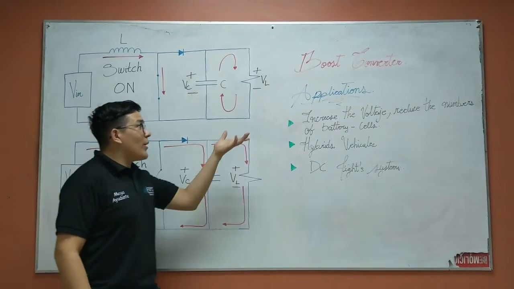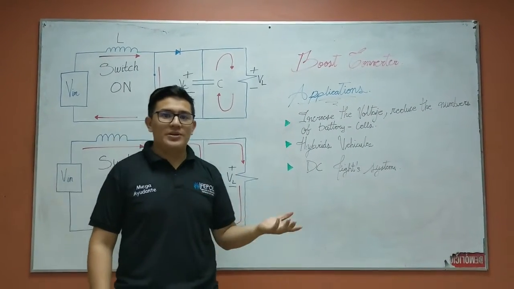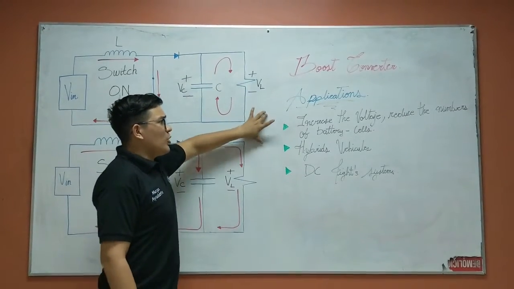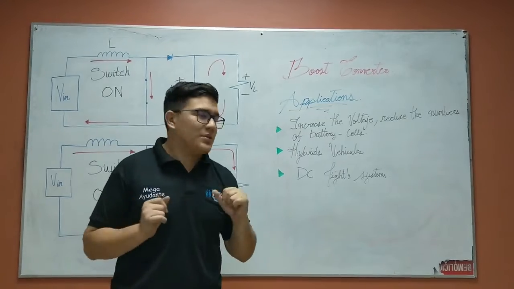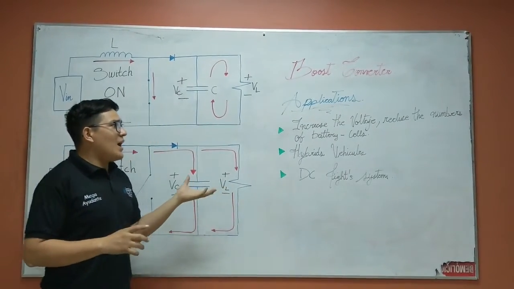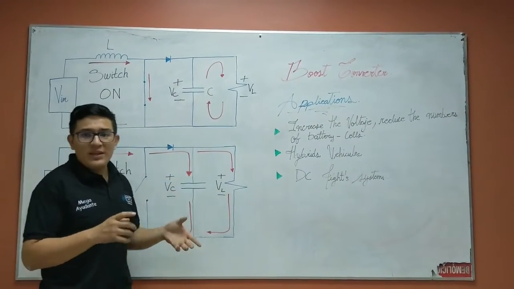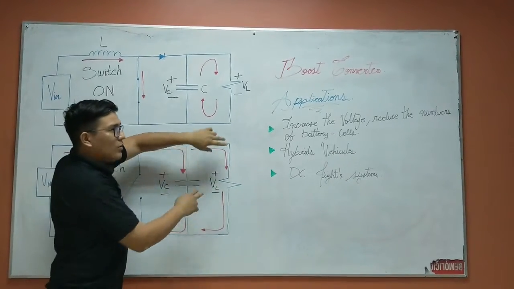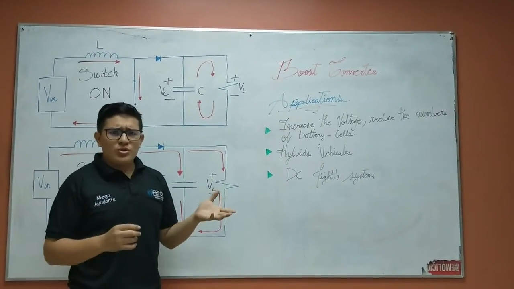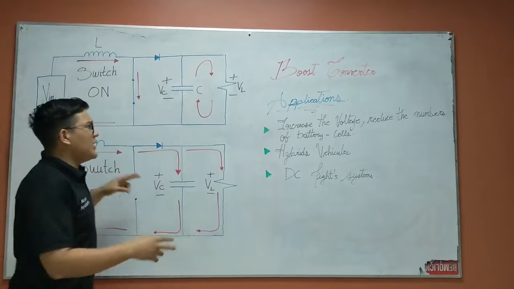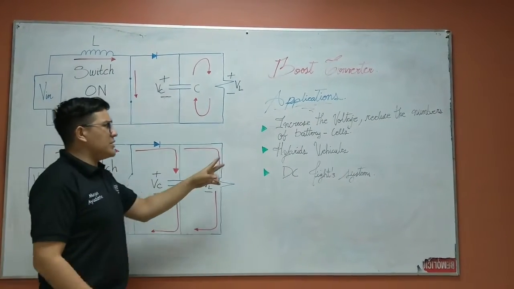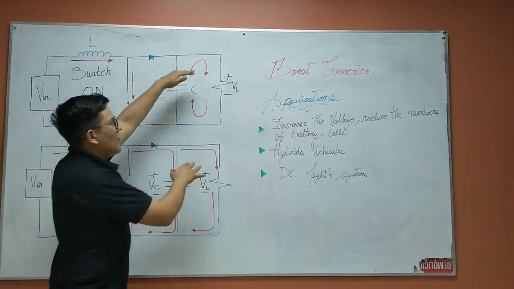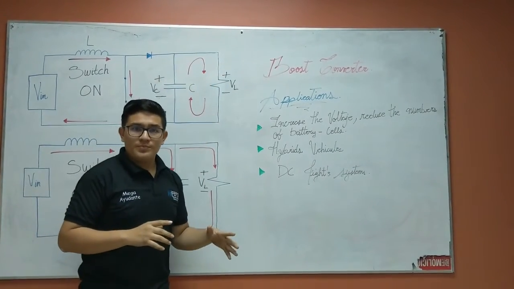Okay, now we have the applications of the boost converter. First, to increase the voltage and reduce the number of battery cells. But what does it mean? When I have something that needs a high voltage on the load, we are not going to use a lot of batteries. With this circuit, we can use just a few batteries and we are going to have a high voltage on the output.